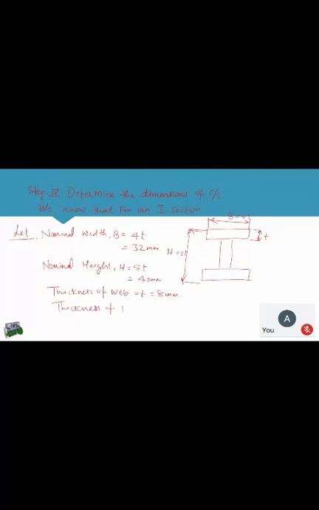Thickness of flanges, when I'm saying flanges, I mean to say top and bottom flange, is equal to 8 millimeter. These were the nominal dimensions.